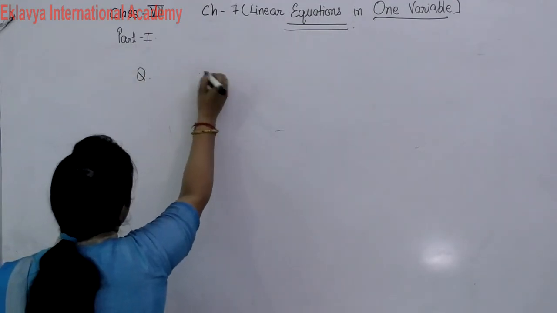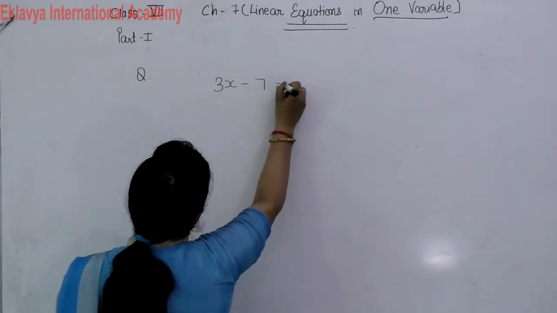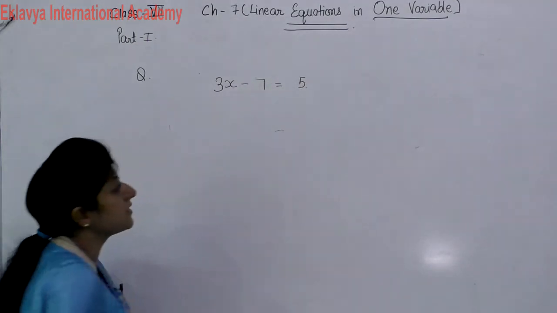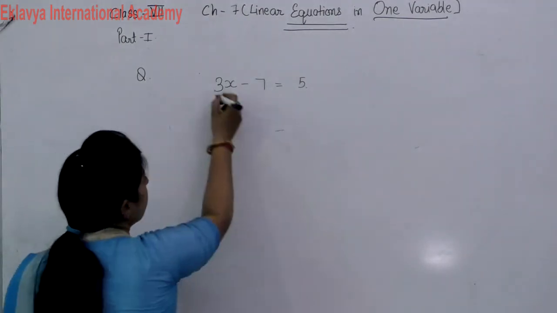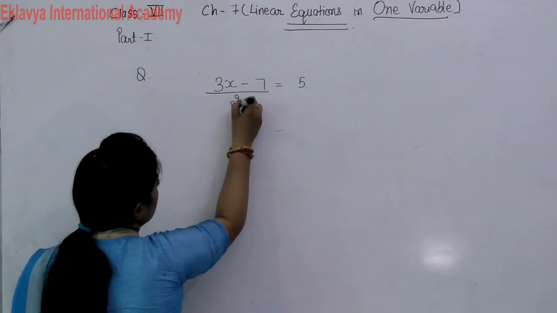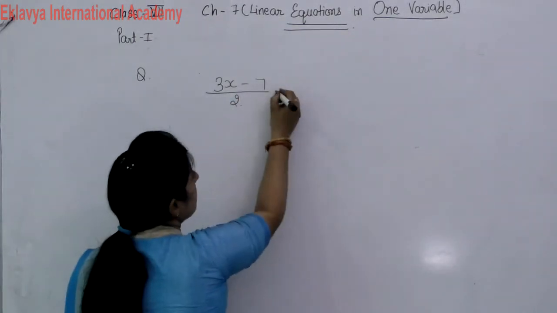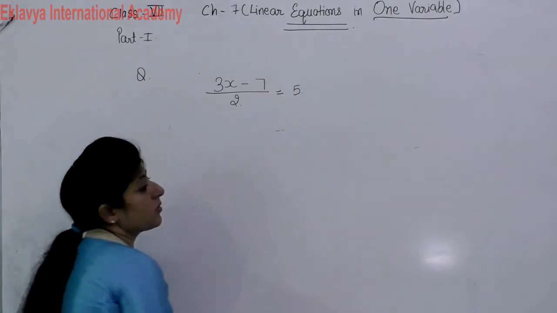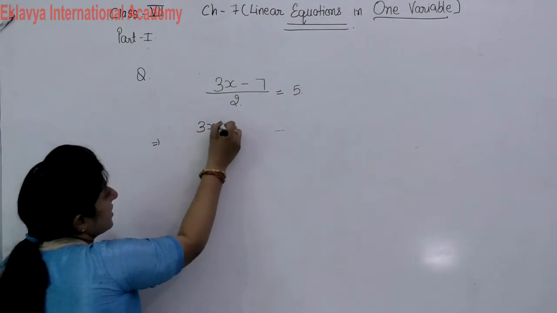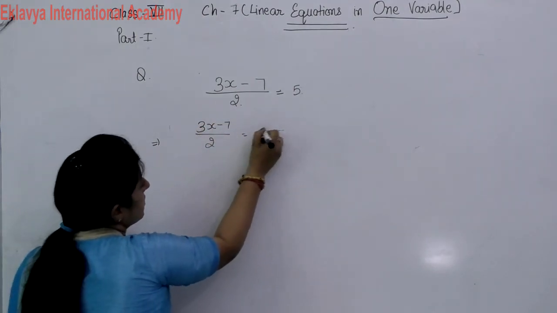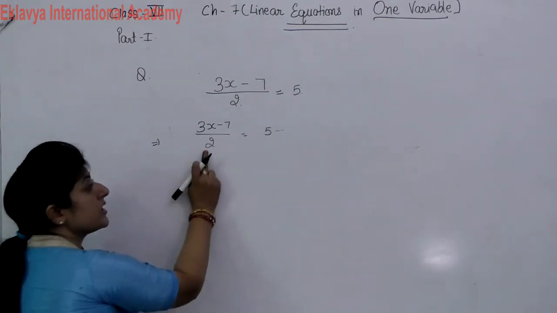Suppose it is given to you (3x - 7)/2 = 5. Now see, for solving this equation (3x - 7)/2 = 5 by the simple method, here 2 is in division.